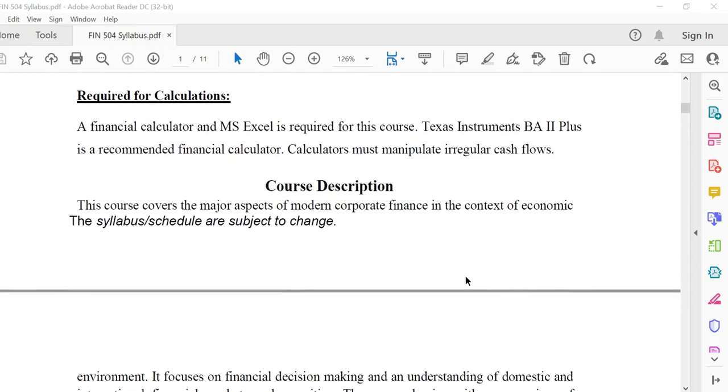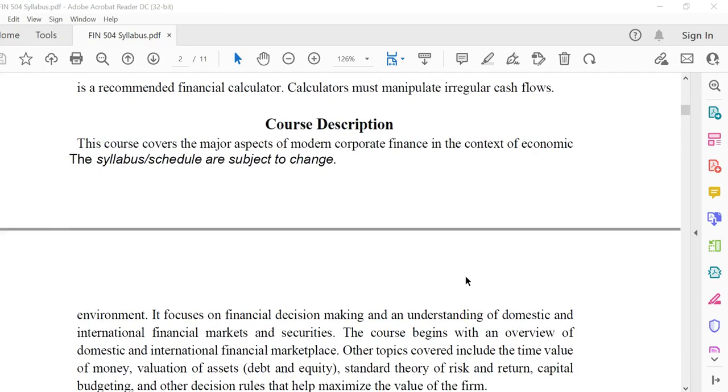So this course will include majorly all the modern corporate finance areas, where we will try to understand financial decision making, or as a financial manager, what are the decisions one is required to make, and while making those decisions, what are the different factors that the financial manager needs to consider. For example, broadly, the functions can be divided into three categories.